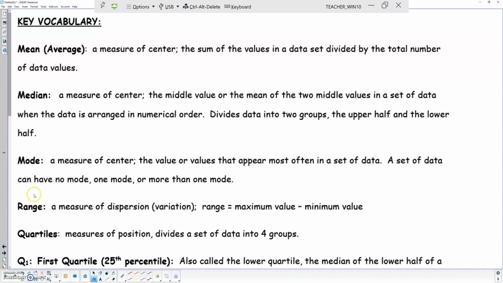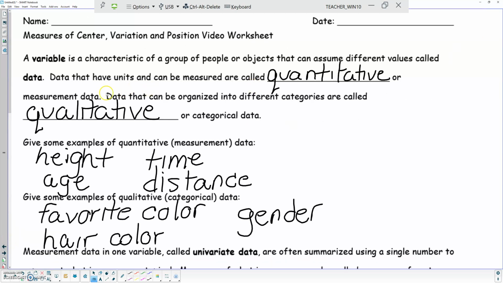All right, range is the next word we're going to talk about. Range is a measure of dispersion or variation. So the range is calculated as the following. It's the maximum or the highest value minus the minimum or the lowest value. Okay.